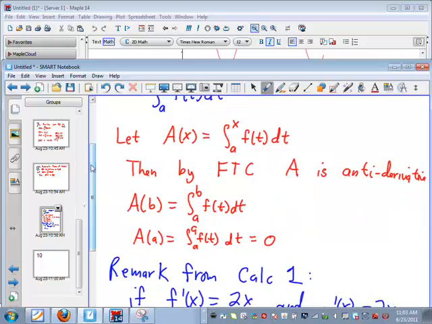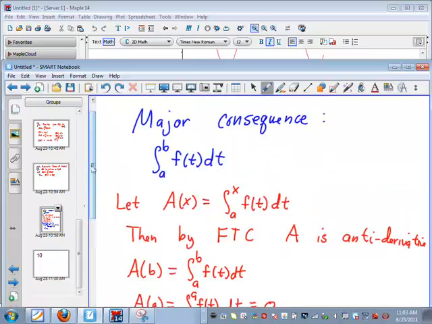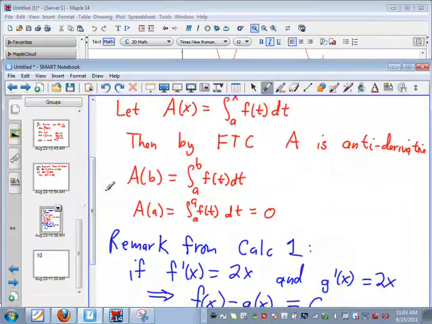So again, if I want to know how to figure this out, then I know that this is an antiderivative, but I know if I take any other antiderivative, right?